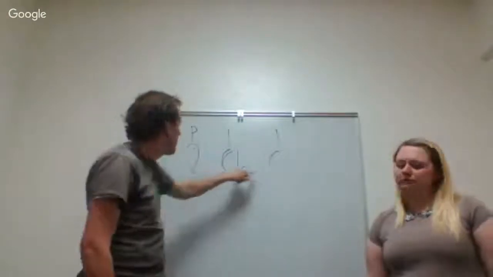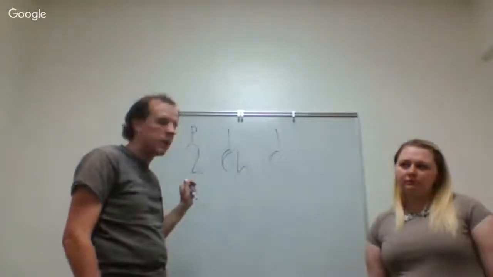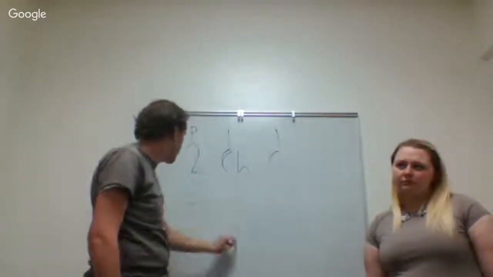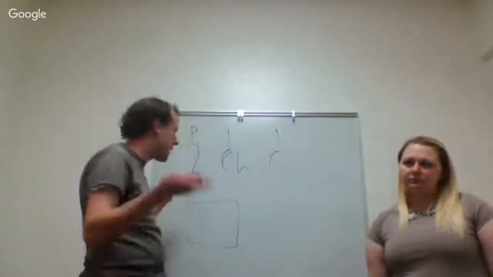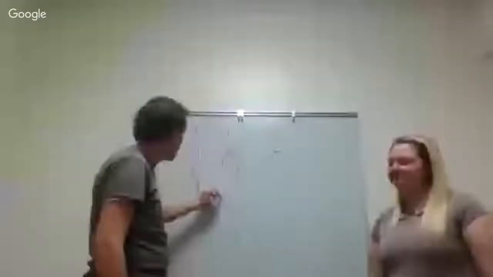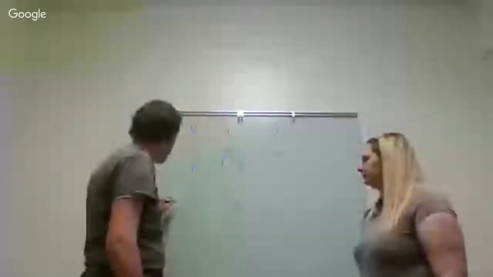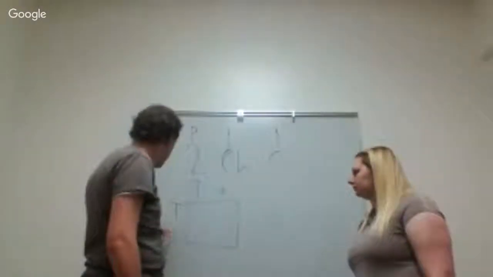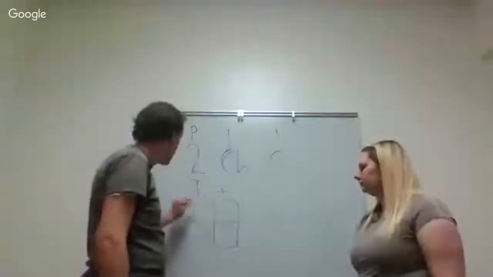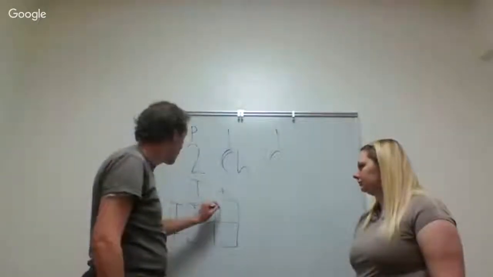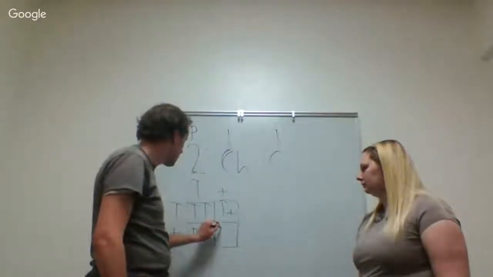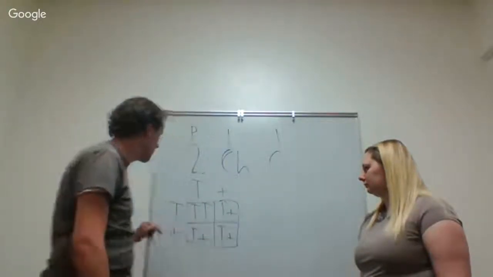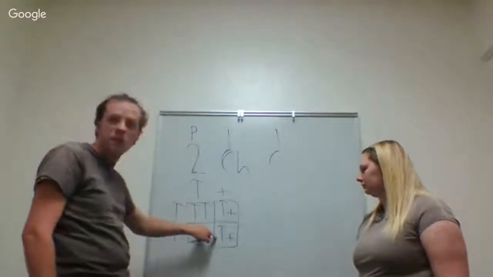So this ratio looks a lot like when you have a monohybrid cross, and when you cross them, you get something like this. You get a 1 to 2 to 1 ratio.